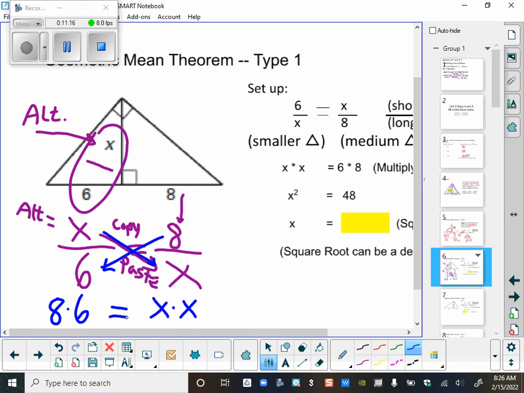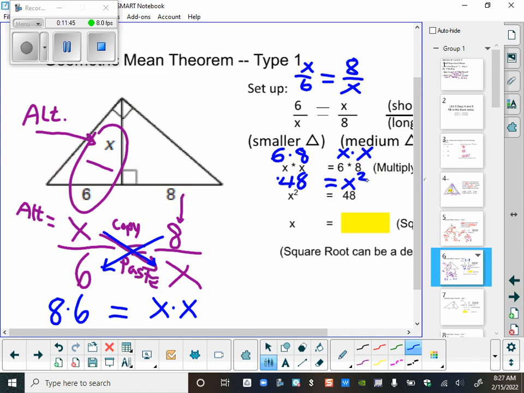So yeah. So even though we flipped that ratio, everything's still going to wind up the same. We just reversed the order. The 6 times 8, x times x. And then 48 still equals x squared.